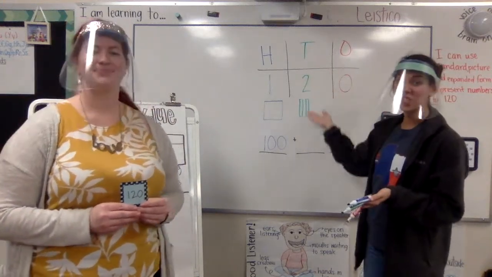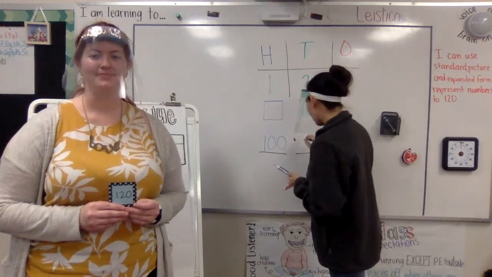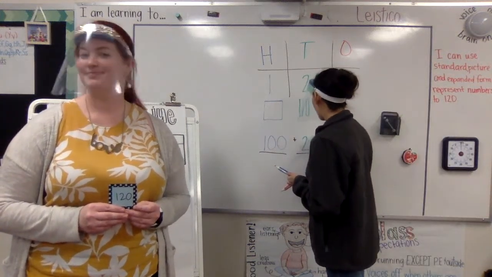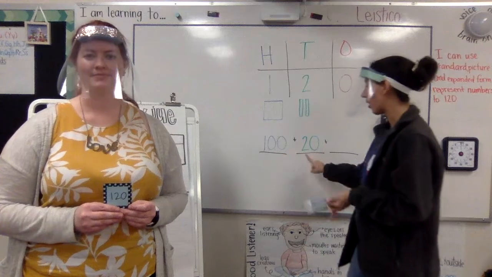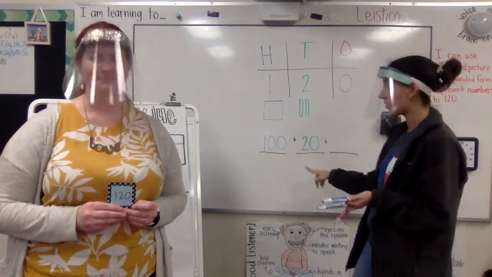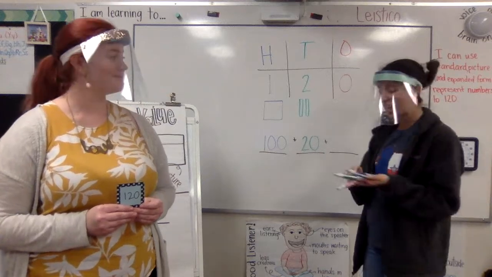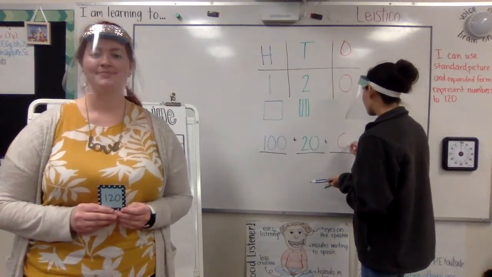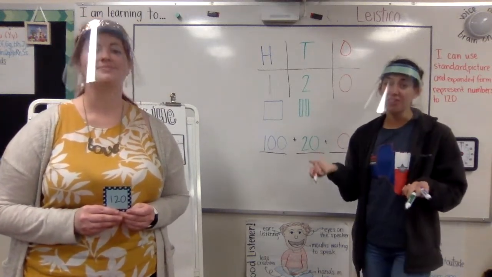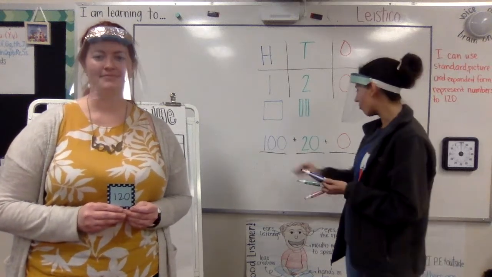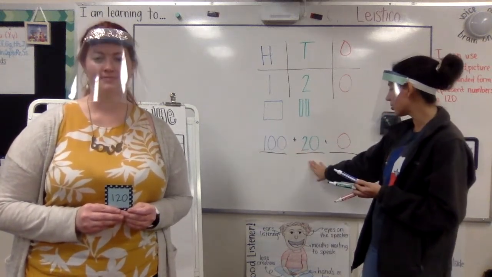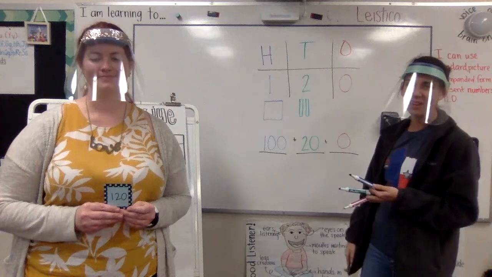So I know that my 2 tens are worth 20. I'm not counting how many of them there are. I'm counting how much they're worth. So they're worth 20. And I don't have any ones. So my ones are worth 0 because there are 0 ones. So I have 100 plus 20 plus 0.